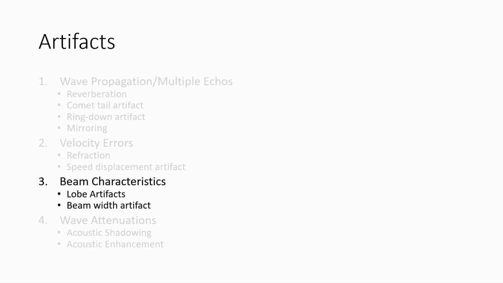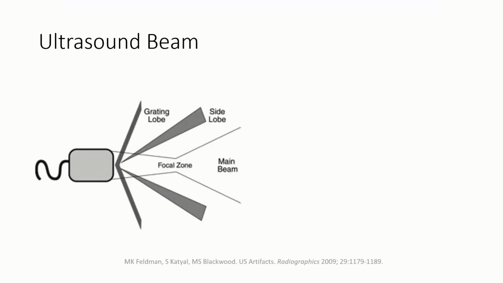Then I go to the third category, the artifacts related to beam characteristics. That includes lobe artifacts or beam width artifact. I mentioned in the introduction that the ultrasound wave has 3 different beams. One is the main beam, a three-dimensional bow tie shaped beam.